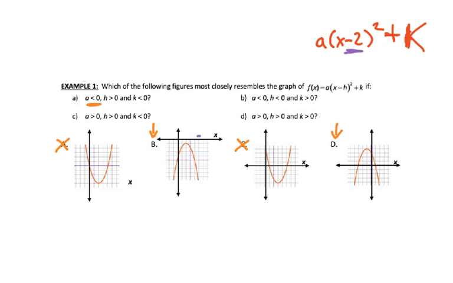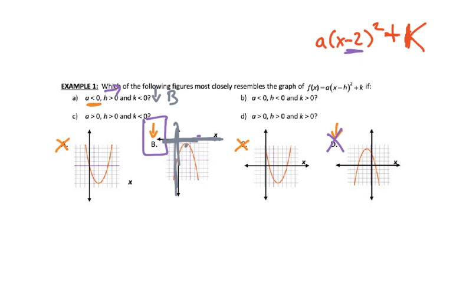So this minus 2 means you're going to the right 2, which means that D is not possible, but B is, because we know it's shifting to the right. Also note that we didn't have to worry about k in this problem, but if I did want to concern myself with k, it is negative. This is a little tricky, but this is the x and the y-axis, so this is below. So we know for sure that the first one has to go with B.